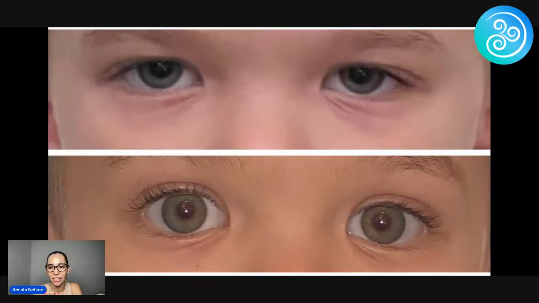This little boy is one of my favorite patients. You can just literally start looking at your patient's eyes. We're all trained in the dental field to look in the mouth, to be looking at our teeth, but what story are our eyes telling us that we are completely ignoring?